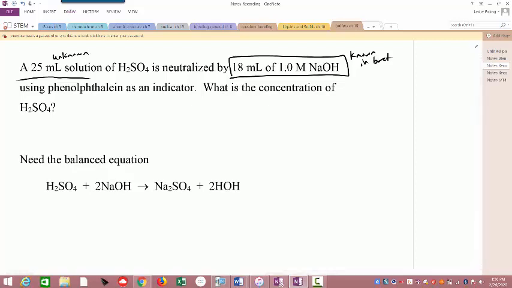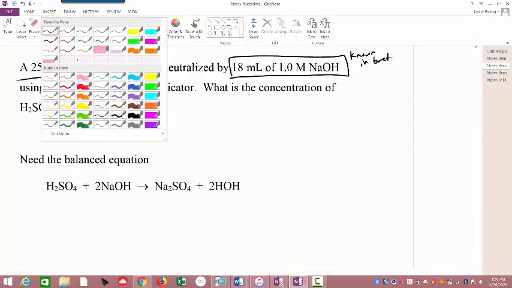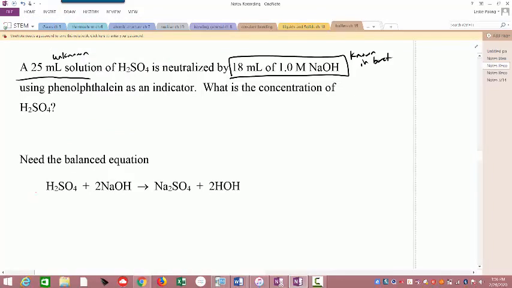We know from our balanced equation that these coefficients, remember, tell us moles. So we know that for every 1 mole of H2SO4, there are 2 moles of NaOH. So we're going to do some stoichiometry.